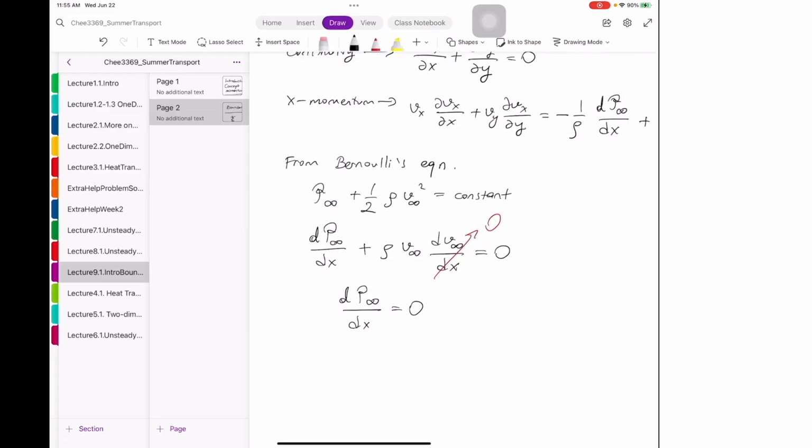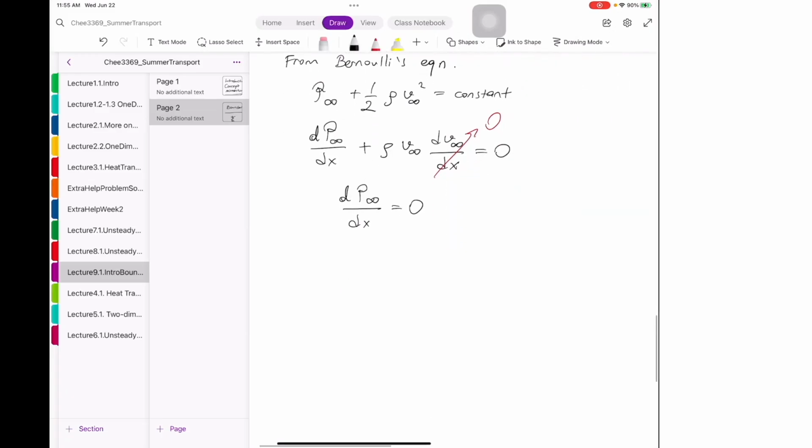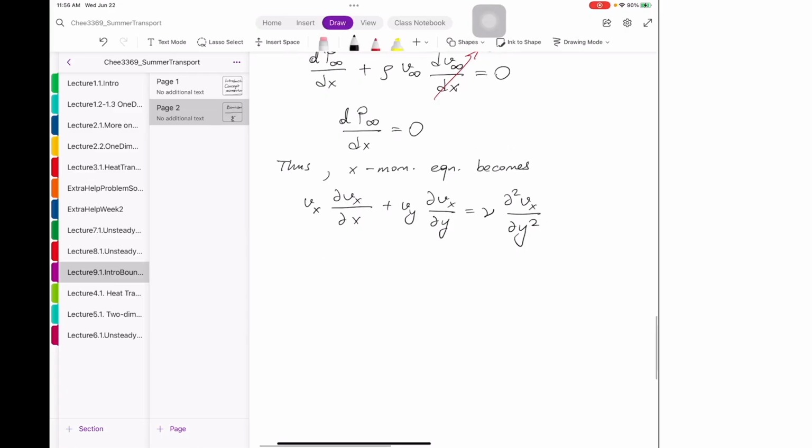So our x momentum equation becomes Vx del Vx over del x plus Vy del Vx over del y is equal to nu times del square Vx over del y squared. And you have the continuity equation.